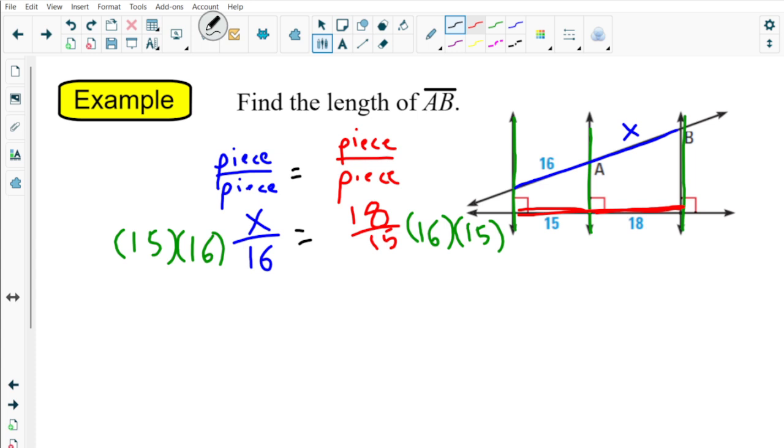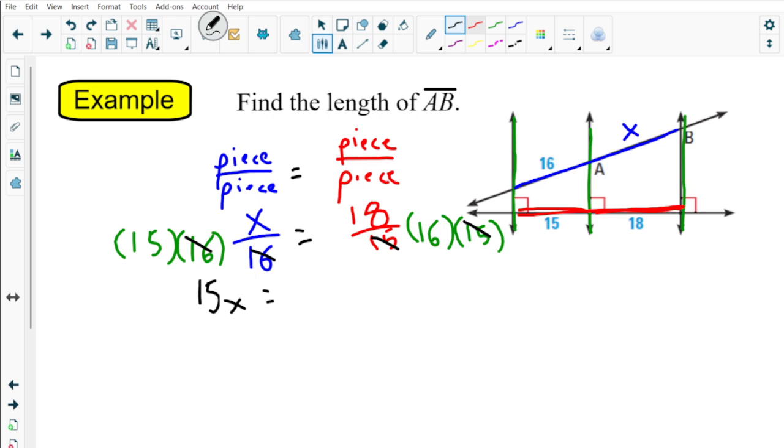If you're getting rid of a fraction, we can multiply by what's on the bottom, and that will get rid of our fraction. So these 16s will cancel. I have 15 times x. And then over here on the right side, my 15s cancel.